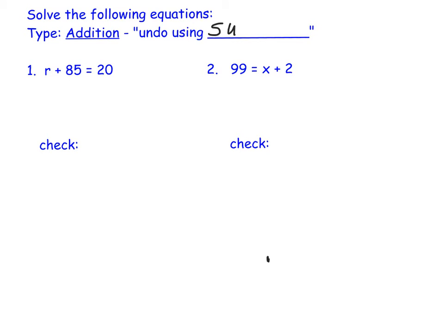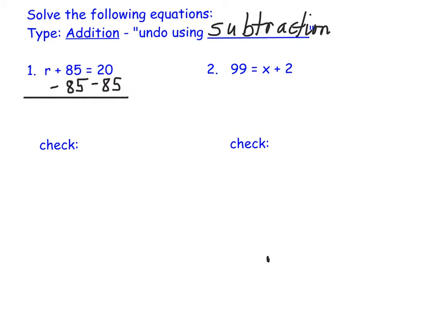So let's add that word in up here again: undo using subtraction. Whatever you do to one side, you must do to the other. So I'm going to undo it by subtracting that same number from both sides. Under the number on both sides, I'm going to write the number that I'm subtracting.